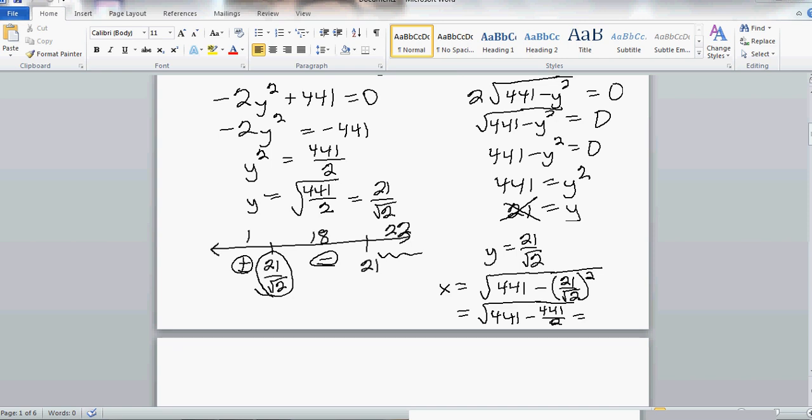And 441 minus 441 over 2 is 441 over 2, which equals 21 over the square root of 2. So we have shown that the maximum y value is this many units. X is the exact same number of units. So we have shown that to maximize the area, x must equal y.